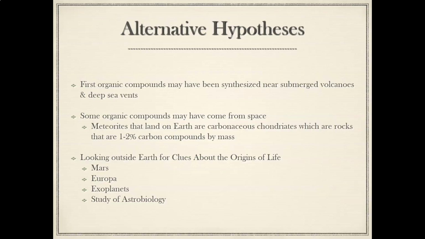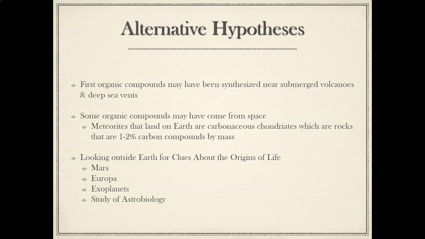That being said, not the only hypothesis out there. Things like the bubble models showed up in the 1980s, kind of similar to the idea of what Oparin and Haldane were suggesting, what Miller and Urey were suggesting, but rather than the bulk of the chemical reactions happening up in the atmosphere, instead they suggested the vast majority was still going on in the oceans themselves, more specifically near submerged volcanoes and deep sea vents.